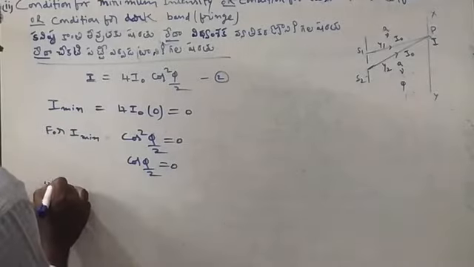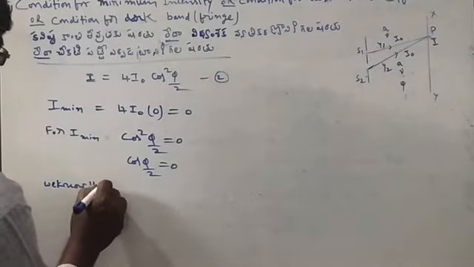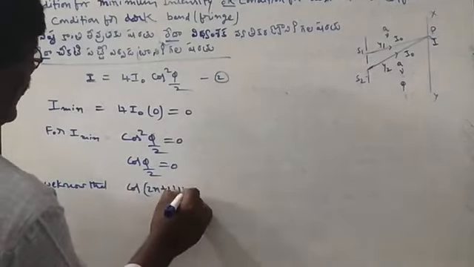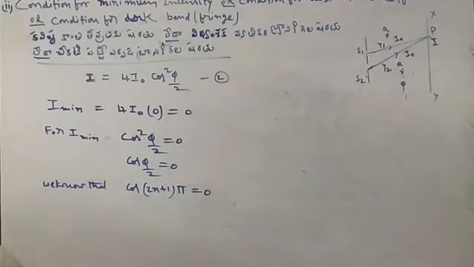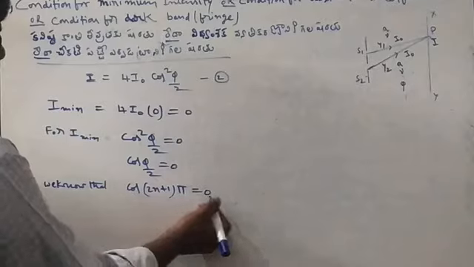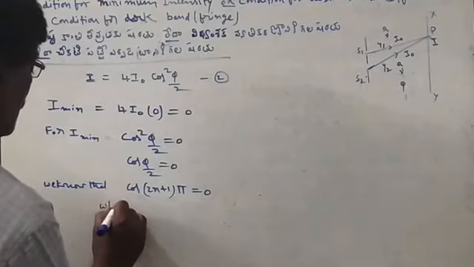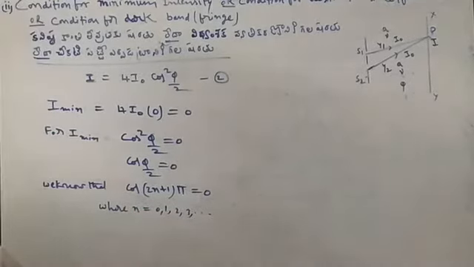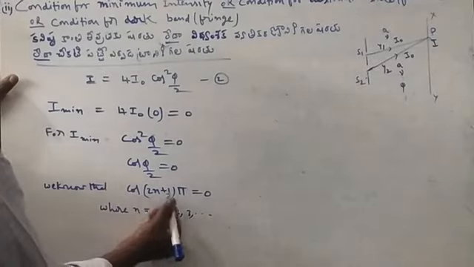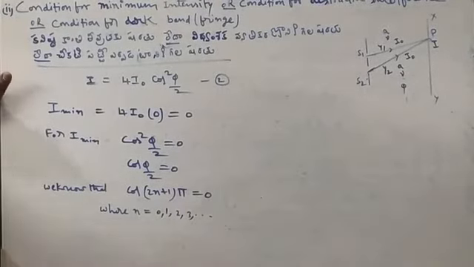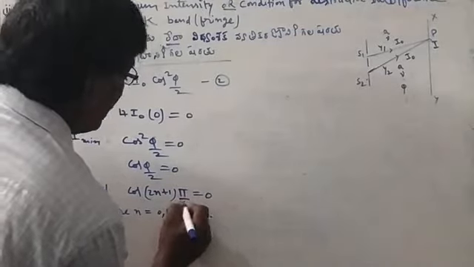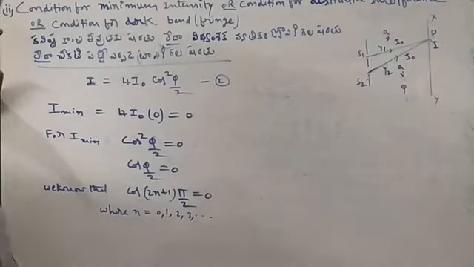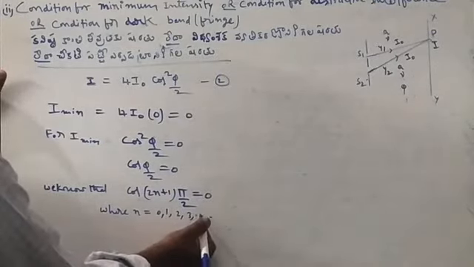We know that cos of 2n plus 1 into pi by 2 is always 0, where n is equal to 0, 1, 2, 3, and so on.